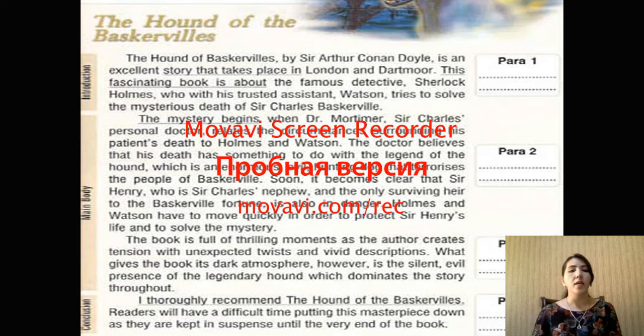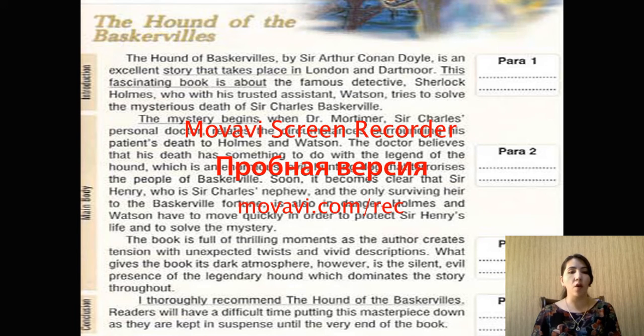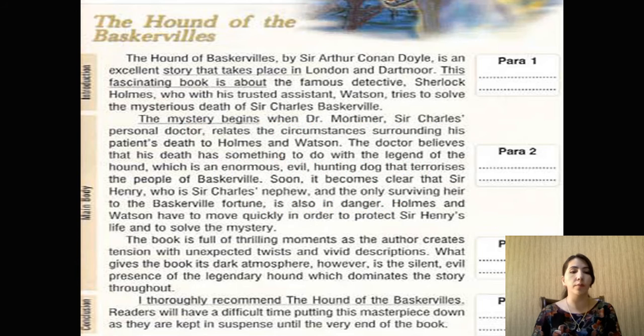Introduction. The Hound of Baskerville by Sir Arthur Conan Doyle is an excellent story that takes place in London and Dartmoor. This fascinating book is about the famous detective Sherlock Holmes, who with his trusted assistant Watson tries to solve the mysterious death of Sir Charles Baskerville.